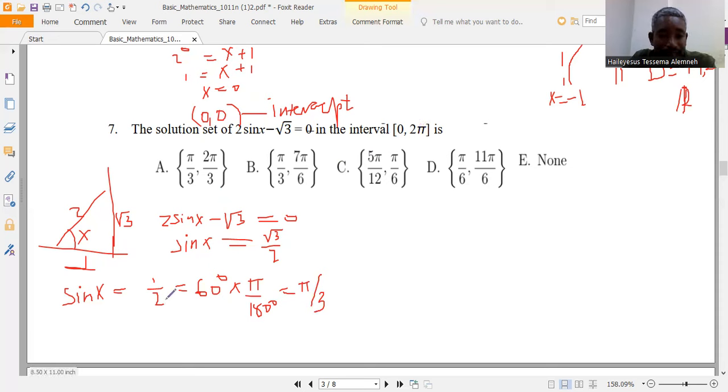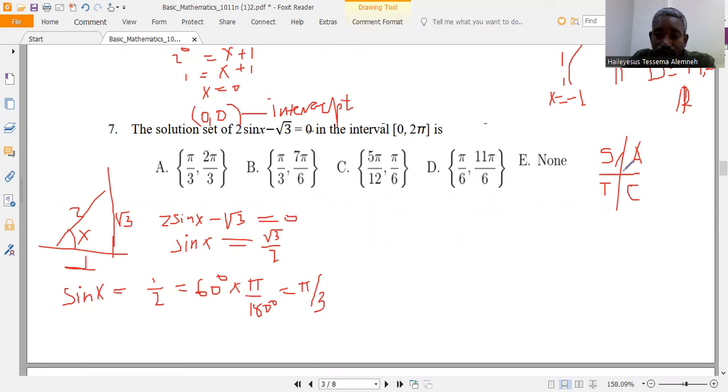And the other angle that makes the sine value positive: we know that in the quadrants, all trig functions are positive here, sine is positive here, tan is positive here, and cos is positive here.